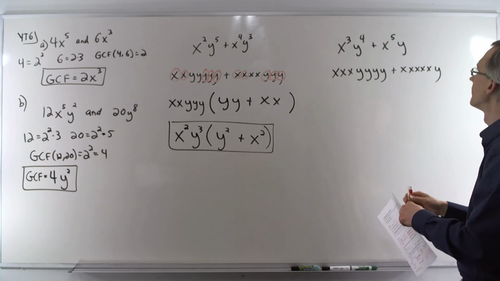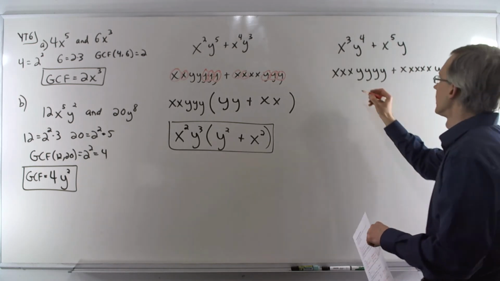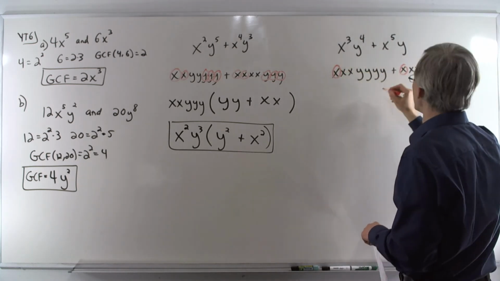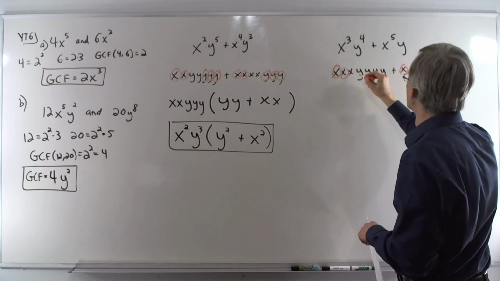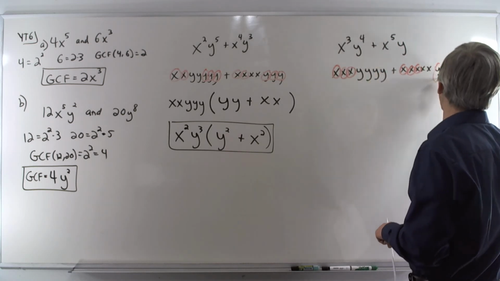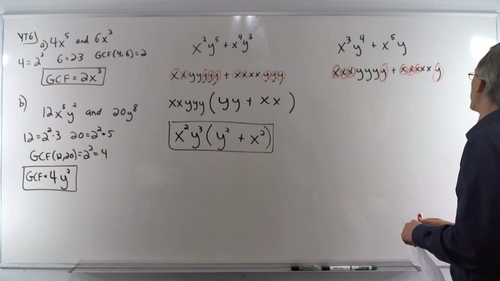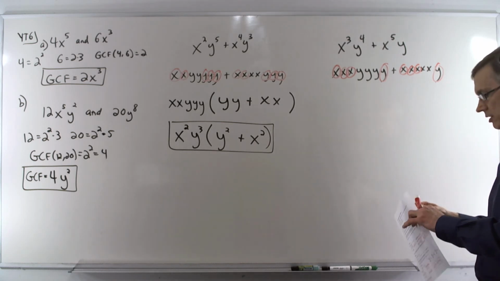Here's expanded form. Circle the matches. There's a matching x, another x, one more x. And we got a y and a y. So there's all the matches.